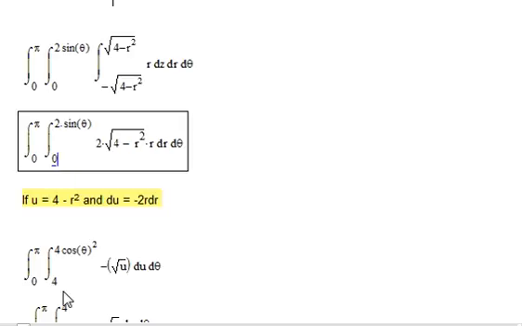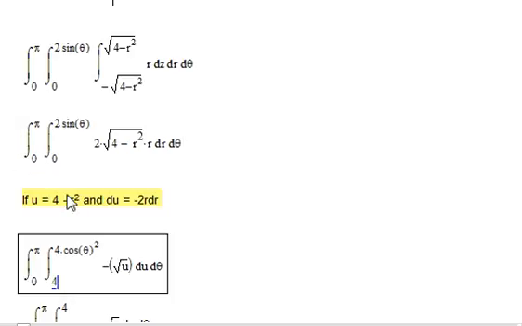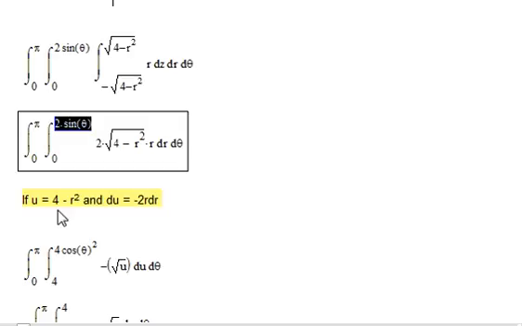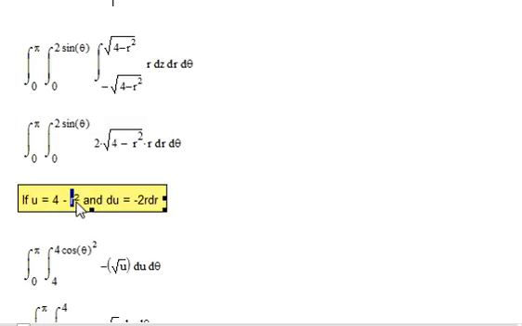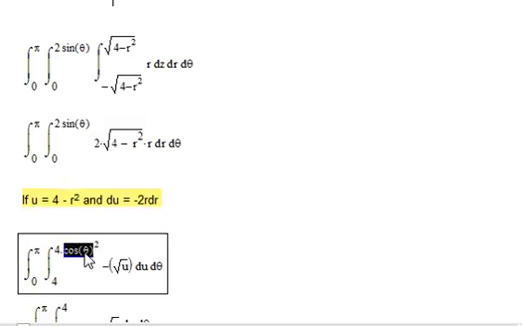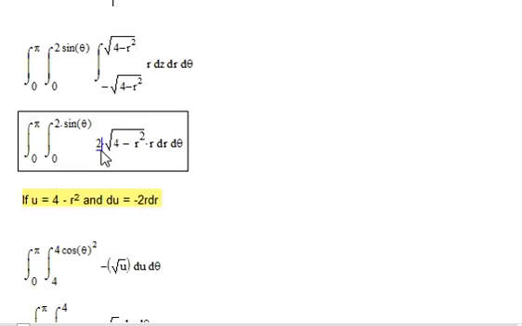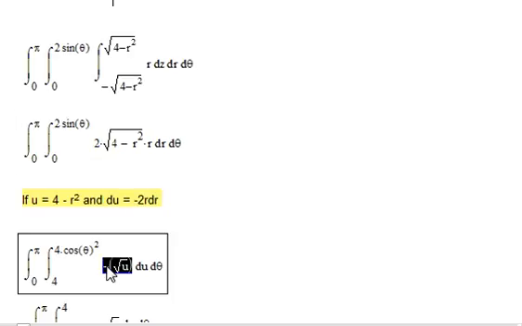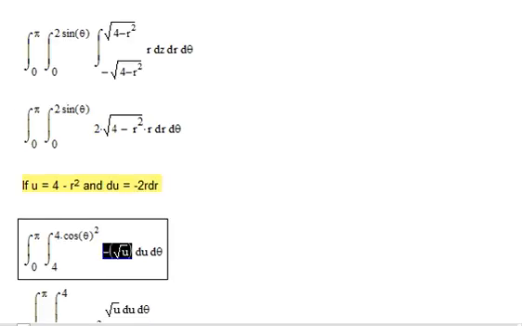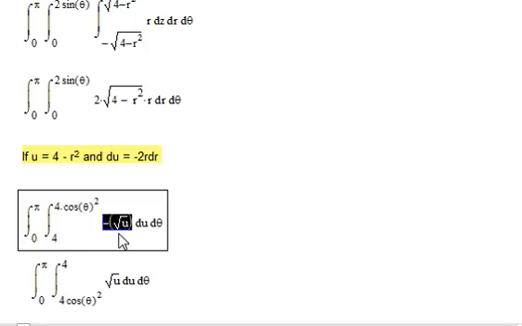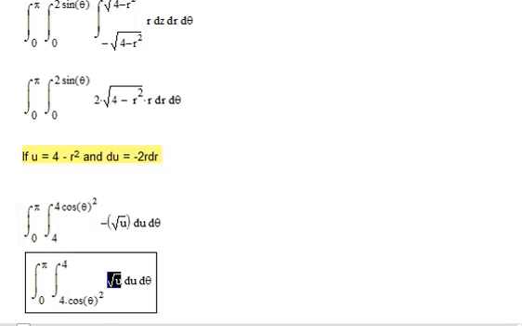If r equals 0, then u equals 4, and if r equals 2 sine theta, then 4 minus 4 sine squared theta would be the same as 4 cosine squared theta. That simplifies that limit a little bit. And the du over negative 2, the 2 cancels with this one, so we still have the negative in there, but then again we can switch these limits of integration around and take care of that negative as well.